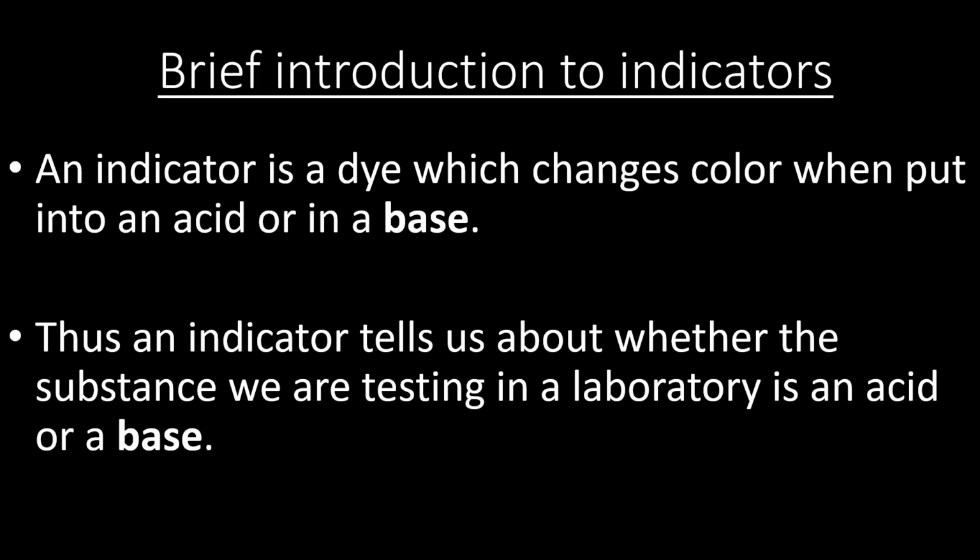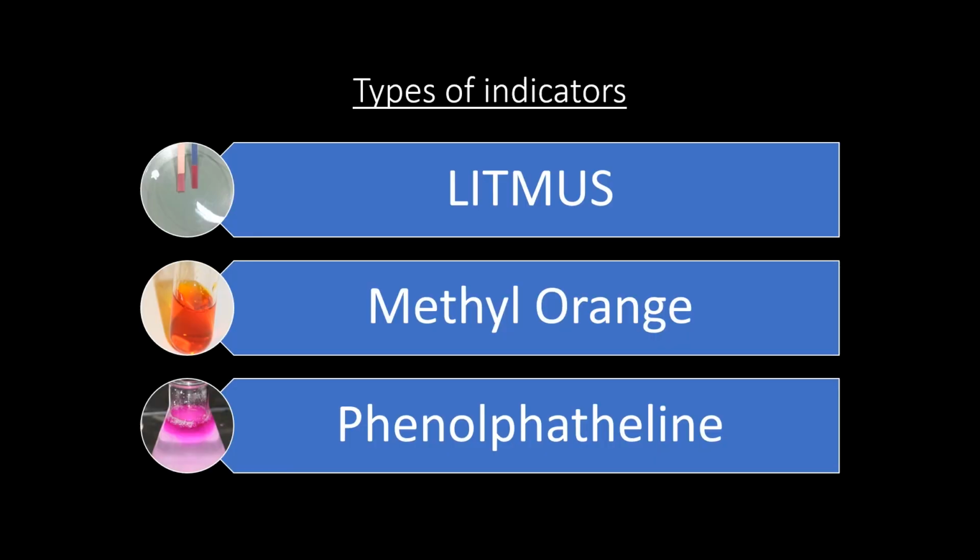For this we have to take the help of indicators. An indicator is a dye which changes color when put into an acid or a base. Thus, an indicator tells us whether the substance we are testing in the laboratory is an acid or a base.